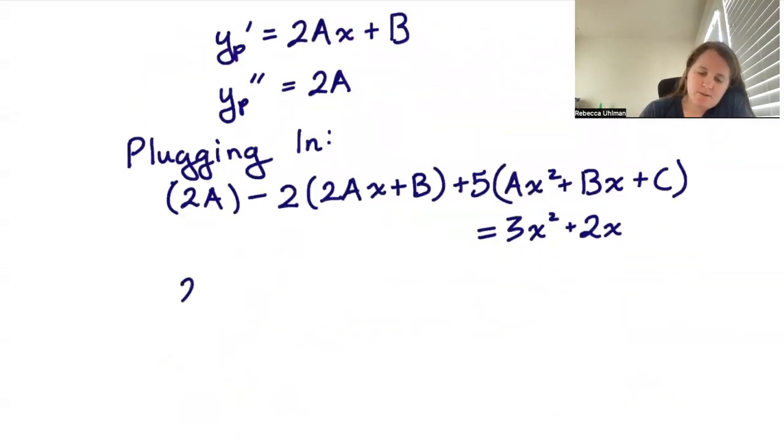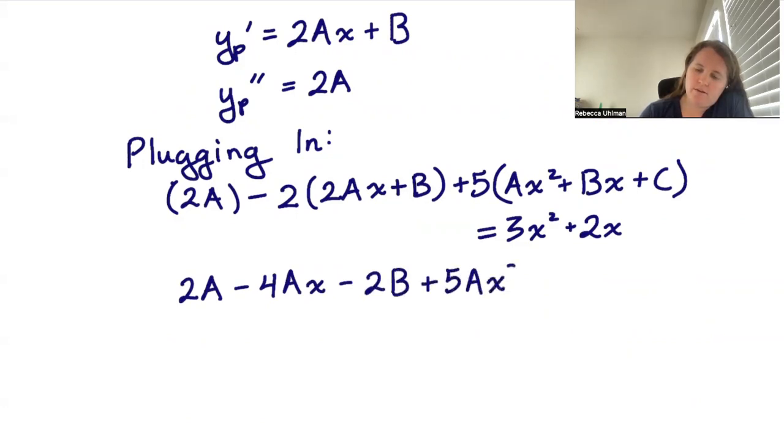This becomes 2a minus 4ax minus 2b plus 5ax squared plus 5bx plus 5c is equal to 3x squared plus 2x.